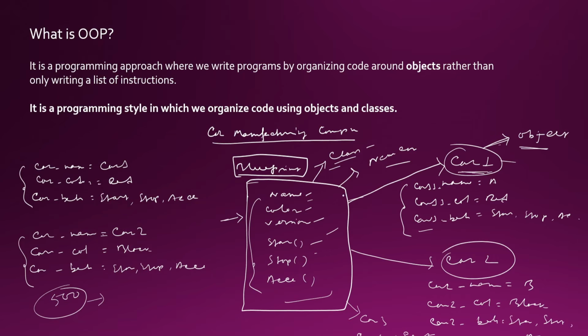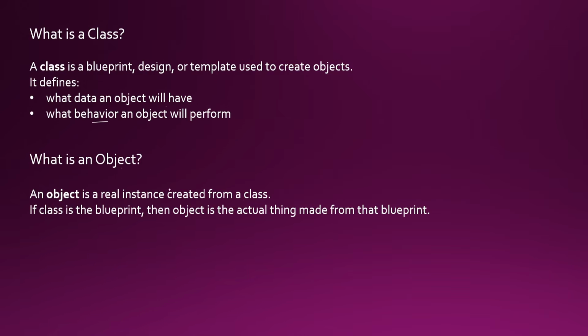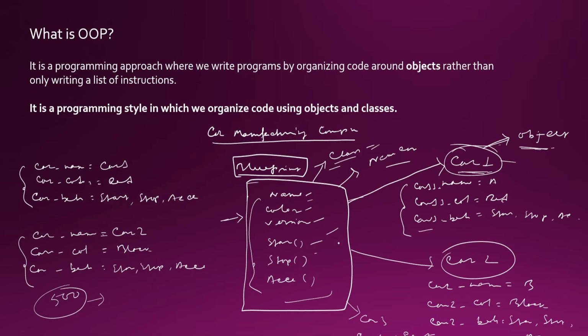From this blueprint, we have created car 1, car 2, all these things. So whatever car we have created from this class, that is an object. If class is the blueprint, the object is the actual thing made from the blueprint. So all the cars are my objects.